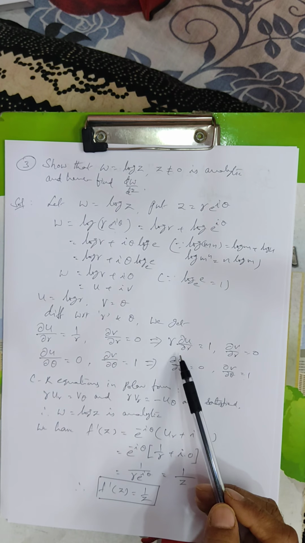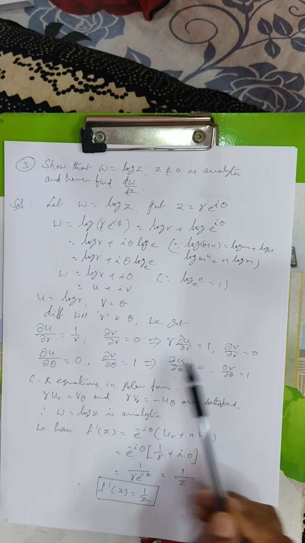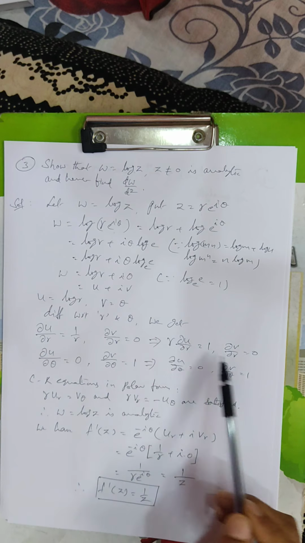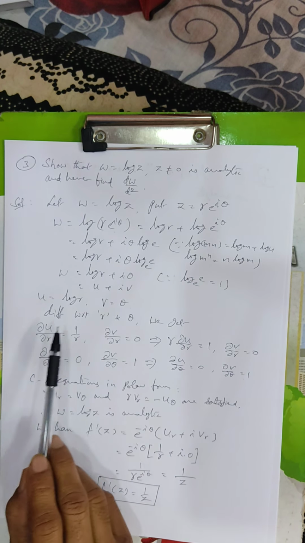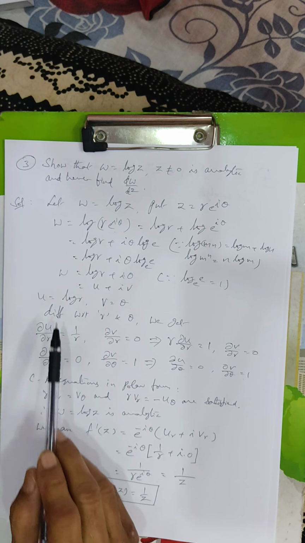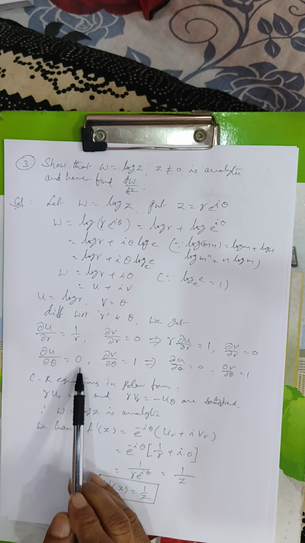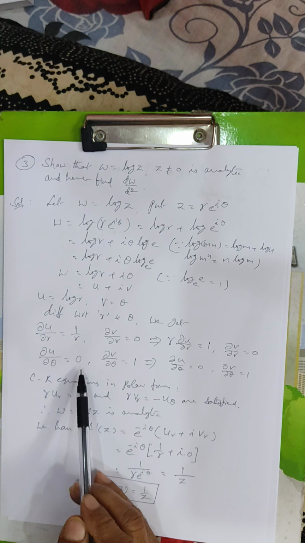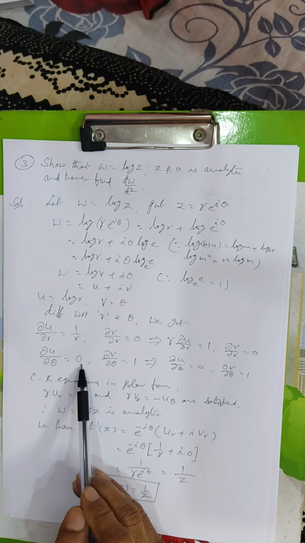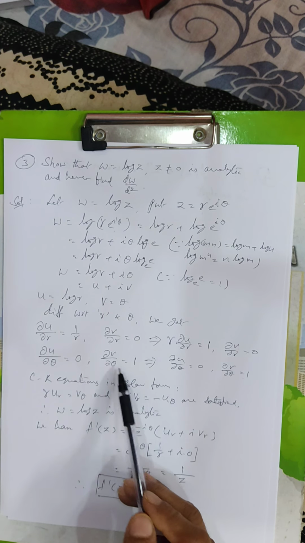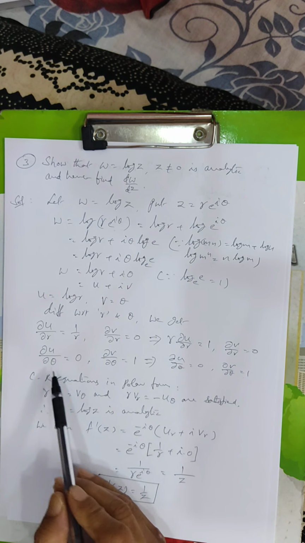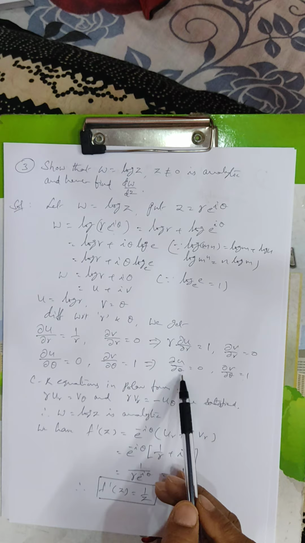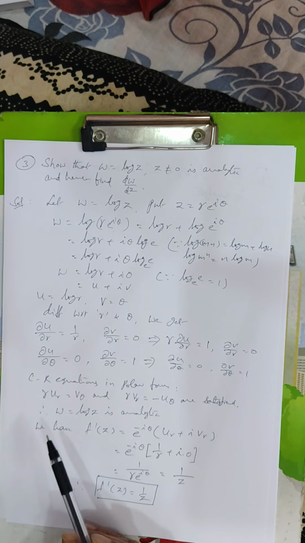So that can be written as r dou u by dou r is equal to 1 and dou v by dou r is equal to 0. Next, you differentiate with respect to theta. Dou u by dou theta is equal to 0 because log r is constant while differentiating with respect to theta, and dou v by dou theta is equal to 1.